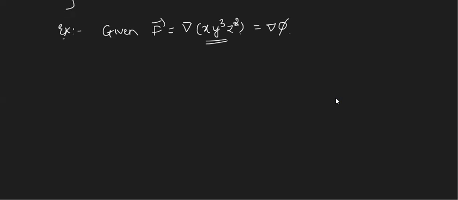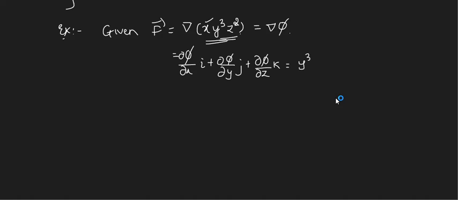Del phi means gradient of phi. We know the expression: dou phi by dou x i, dou phi by dou y j, dou phi by dou z k. Now what is the derivative of this phi with respect to x? With respect to x you will get y cube z square.